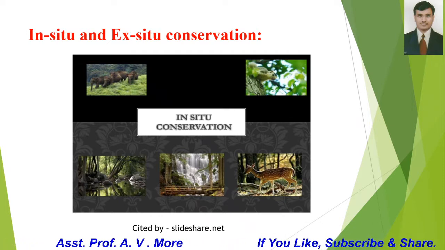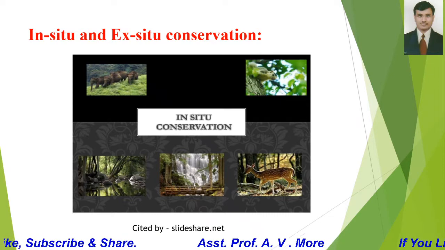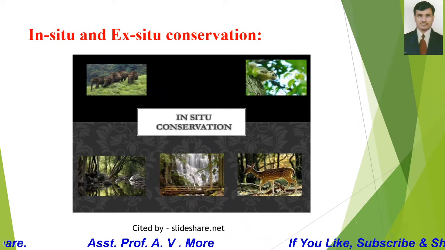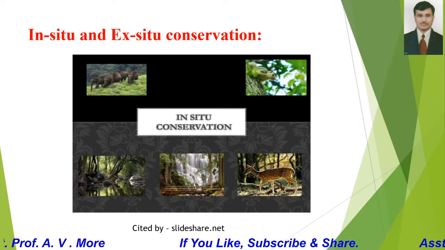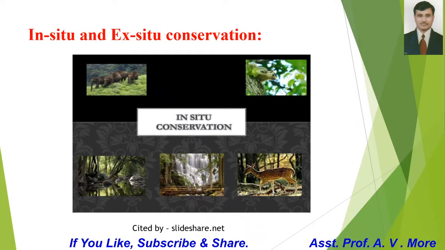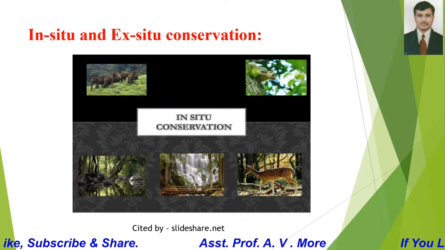So this strategy we call ex situ conservation. For example, ex situ facilities for animal preservation include zoos, game farms, and aquaria, and wild plants are maintained in botanical gardens.